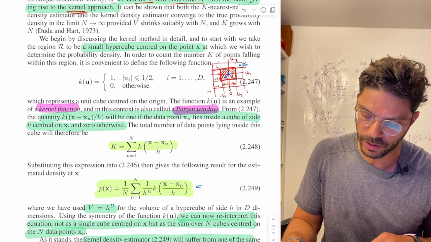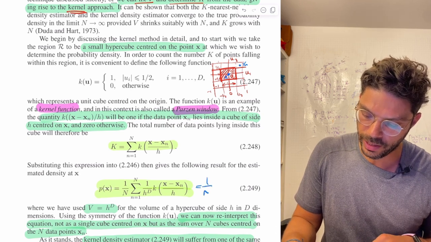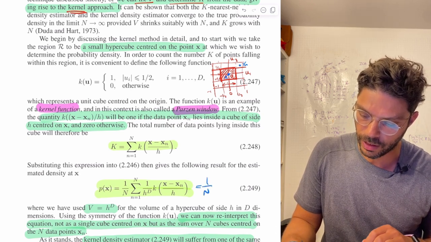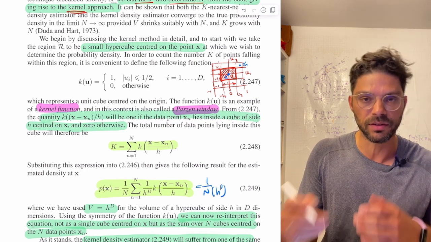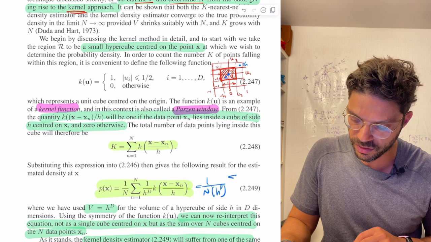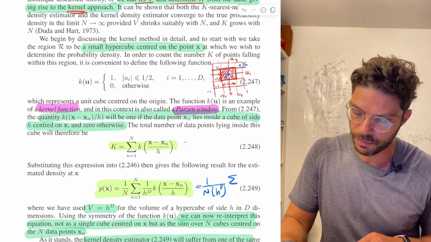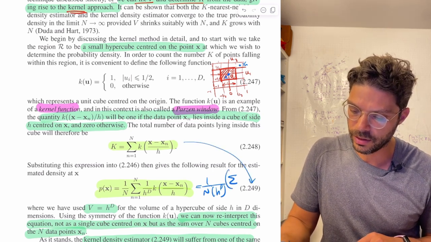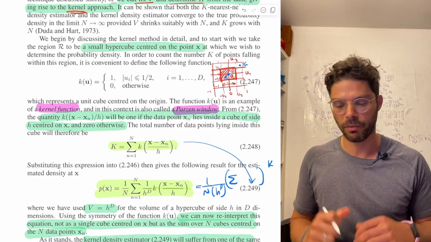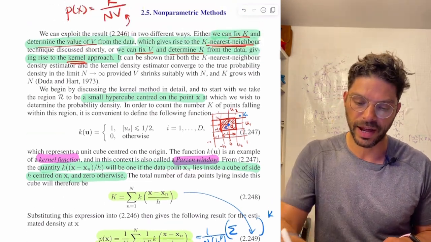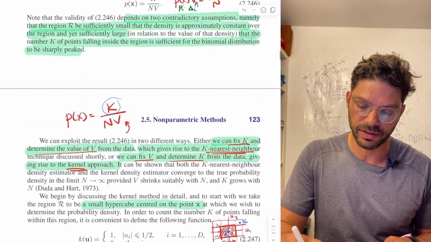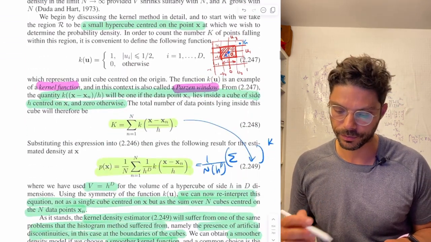It's going to be 1 over N times H to the D, which is the volume we're using, and then this sum is K, the number of points we're dealing with. So this is exactly the expression that we had above.